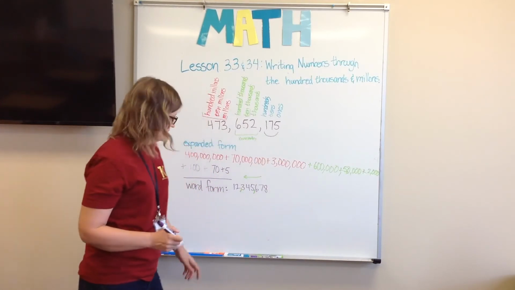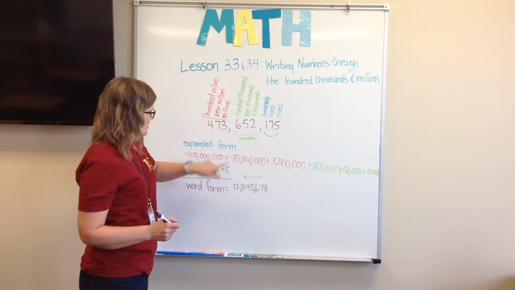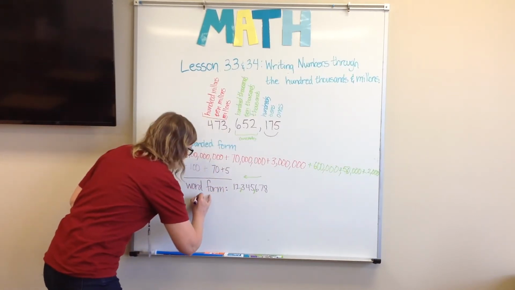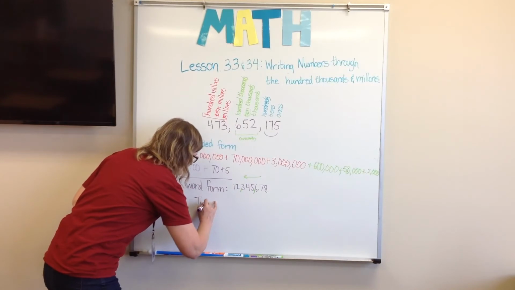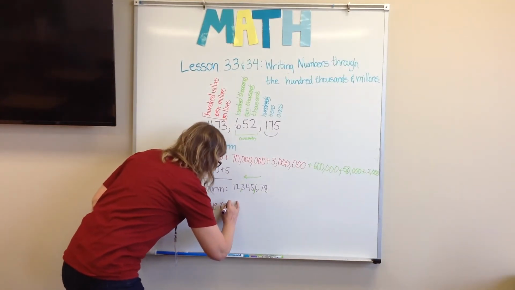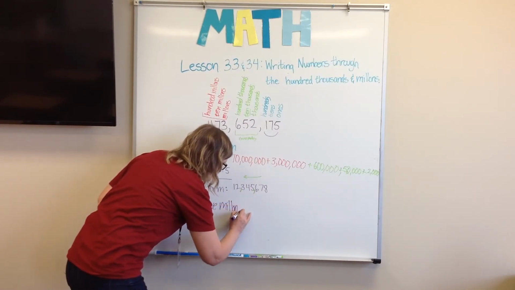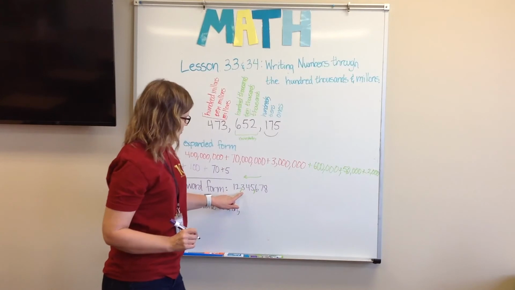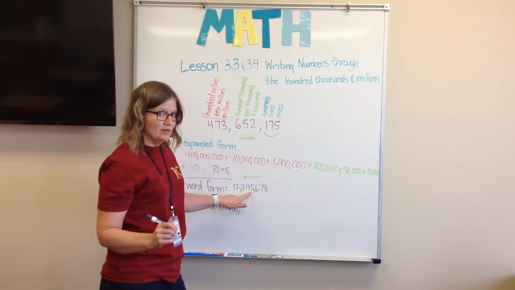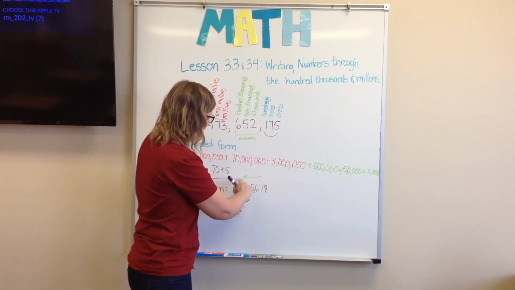Here we go. We know that this is 12 million. Now we'll write that right here. 12 million. We put a comma, then 345,000, because it's in the thousands category.